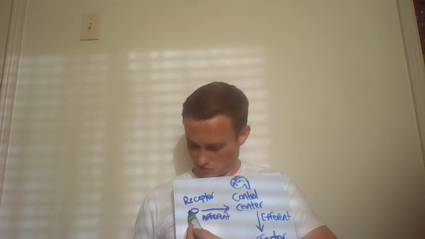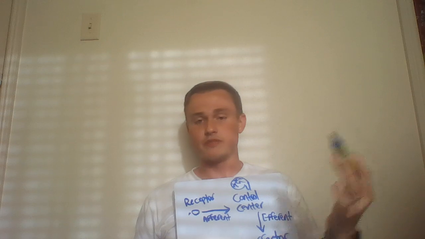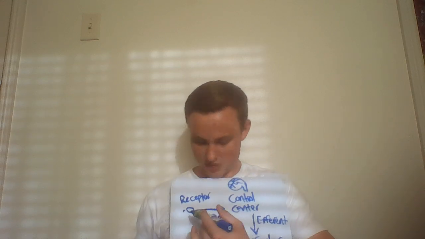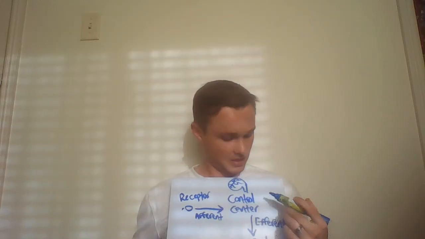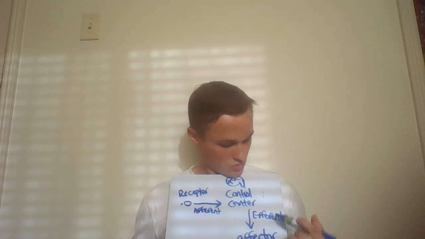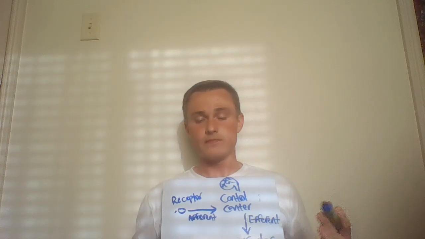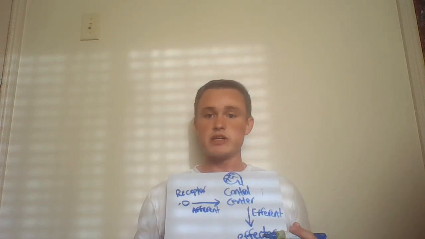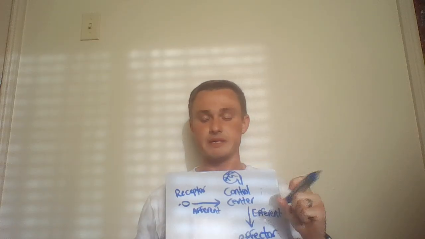So how this works is our receptors will sense a drop in blood volume after we have a loss of a huge amount of blood. Then we go through the afferent pathway, and that information is sent to the control center. The control center will then send that information out, a command, through an efferent pathway to the effector, say the heart. The heart receives that information and increases in its heart rate and pumping.